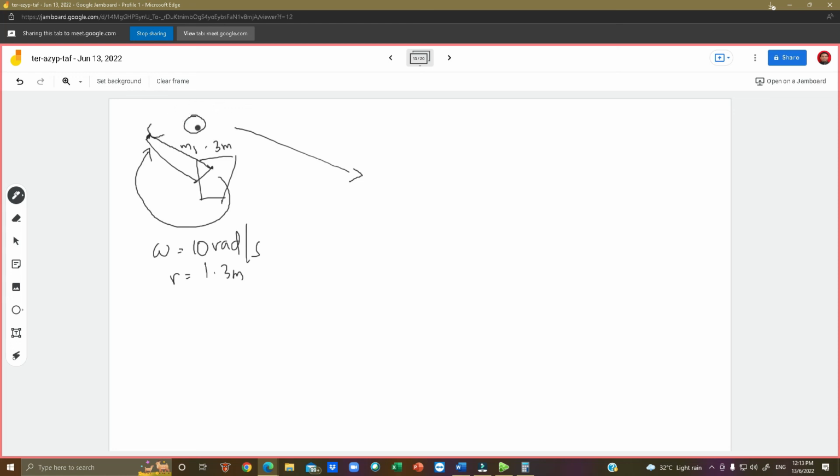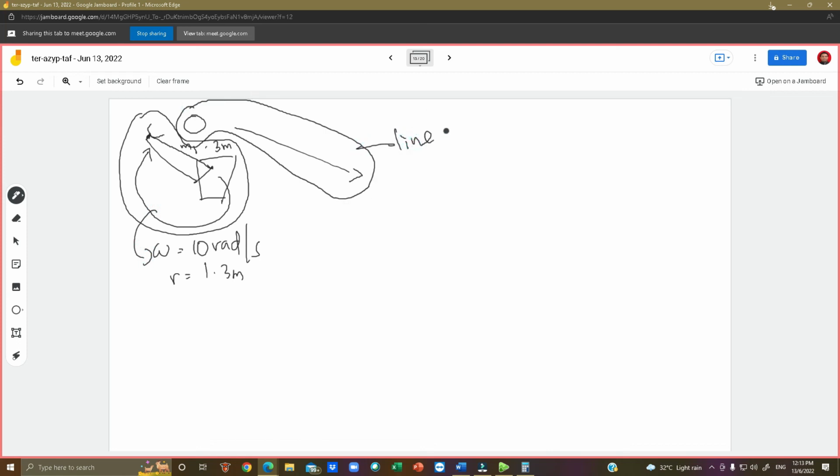So, based on here, what you have is, this part is an angular part. And this part is linear. So kita ada perumpamaan. We have V equals to R omega. So kita cuba untuk cari V. Berapa laju bola?